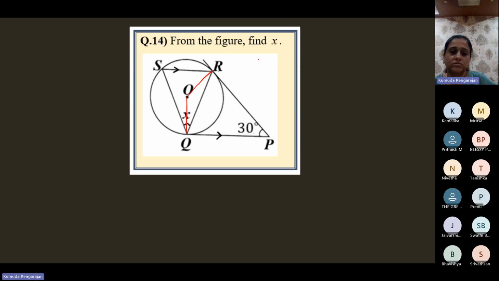Now tell me, is OQPR a cyclic quadrilateral?